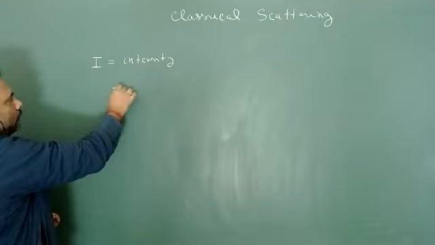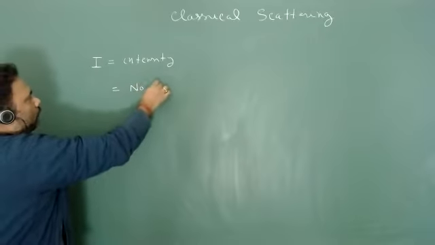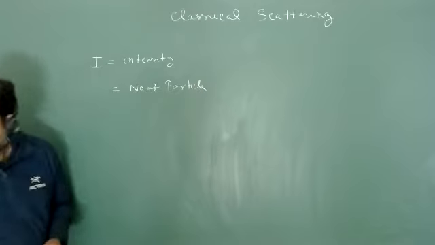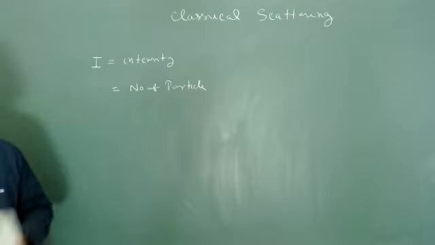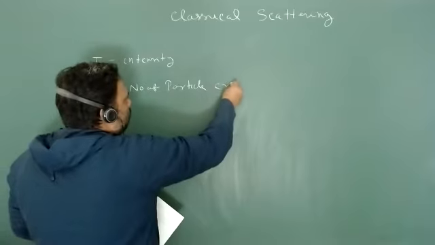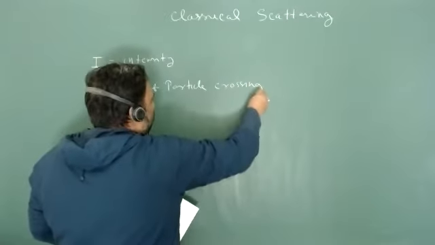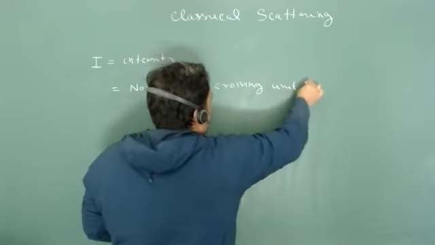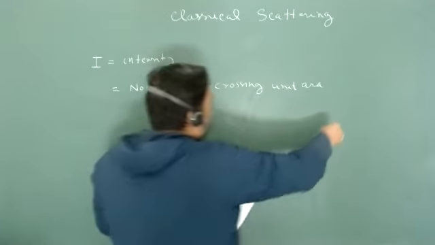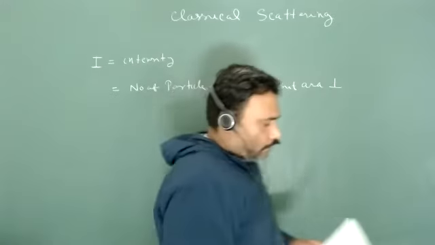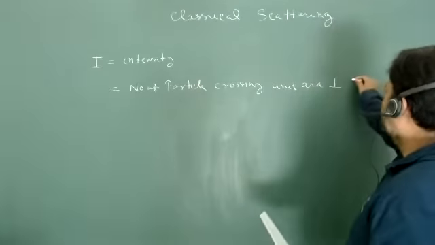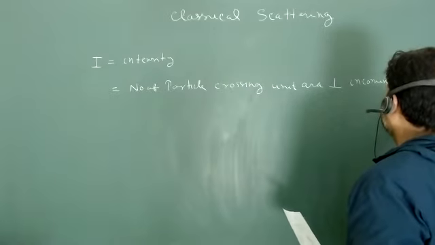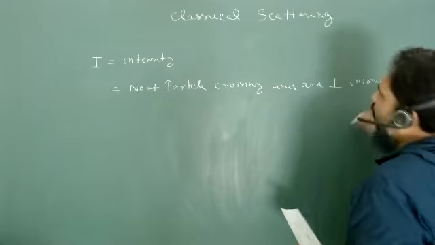Intensity is nothing but the number of particles crossing through unit area perpendicular to the incoming beam per unit time.